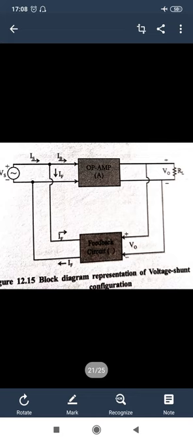When we use the op-amp in voltage shunt topology, in this case we use the inverting amplifier with feedback. So in this case we take the output in terms of voltage and shunt with the input mixing. So it is called the voltage shunt topology of the operational amplifier with feedback.